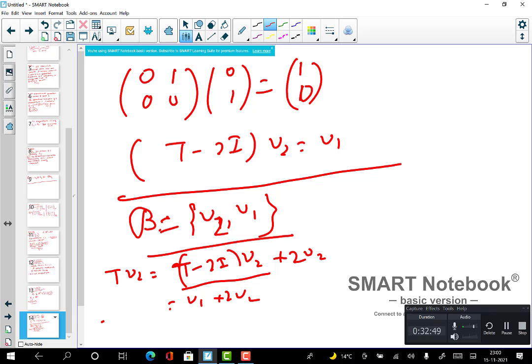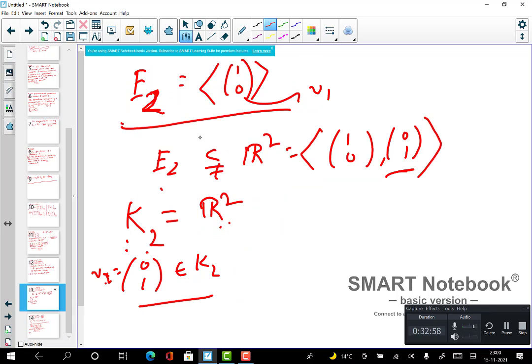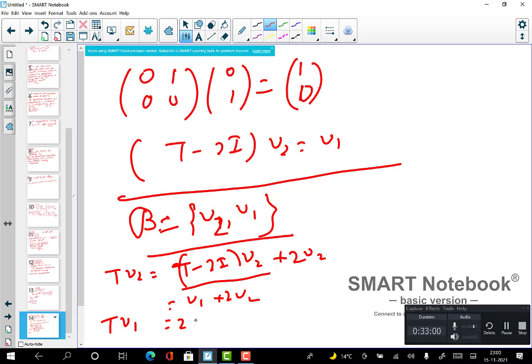Clear? And similarly, if you apply T on v1, so T of v1, v1 is the eigenvector, so T v1 is equal to v1, right?